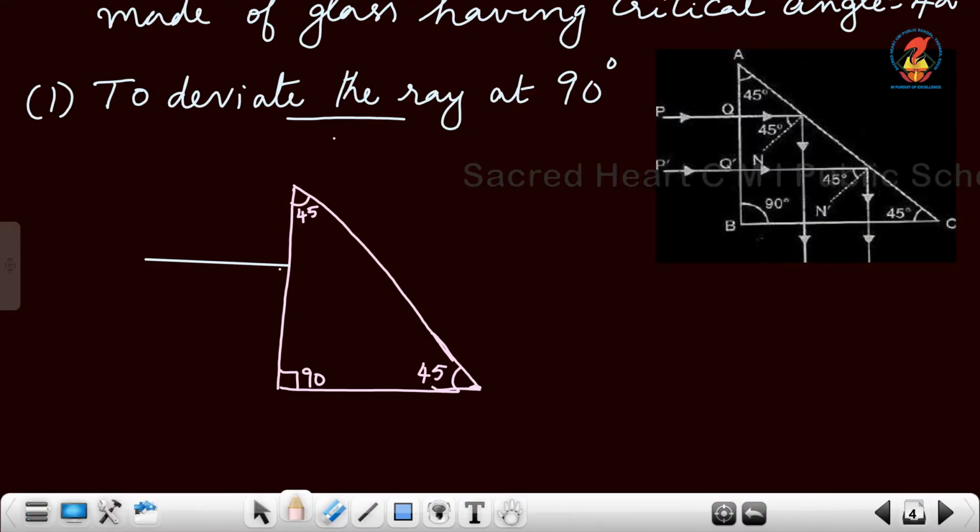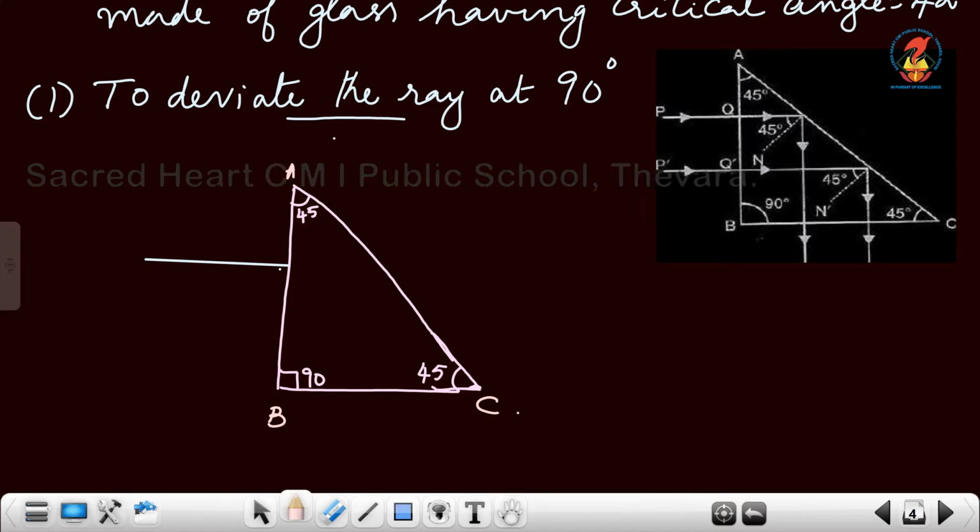The same way, since the light ray is incident on the face AB, we will call this ABC, normally, there won't be any deviation in the path of the ray, and it will travel along the same path and will hit the surface BC. Now, this angle is 90 degree. So, this will also definitely be 90 degree. Okay, this is a right angle prism.